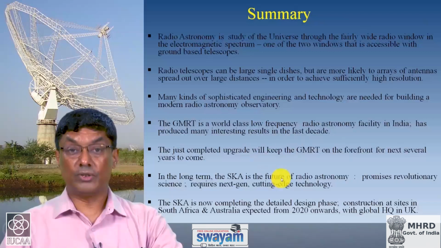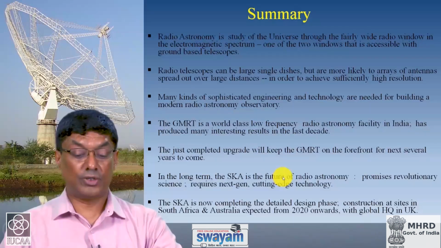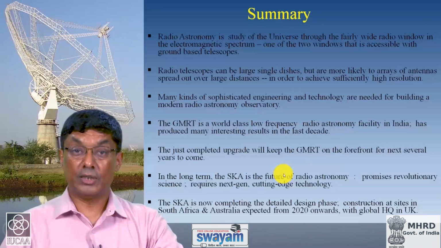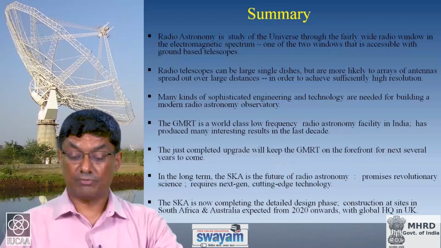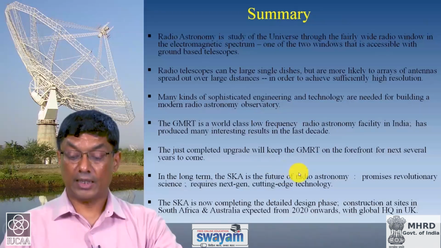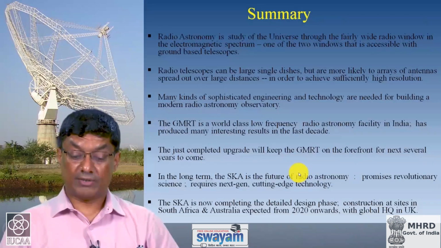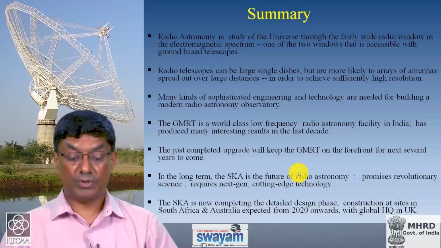In the longer term, we looked at what may be the future of radio astronomy, which is large multinational projects like the Square Kilometer Array, where all nations coming together to build a truly large scale facility at the best possible sites on the surface of the Earth. And the SKA promises revolutionary science, but requires next generation cutting edge technology in order to implement it.